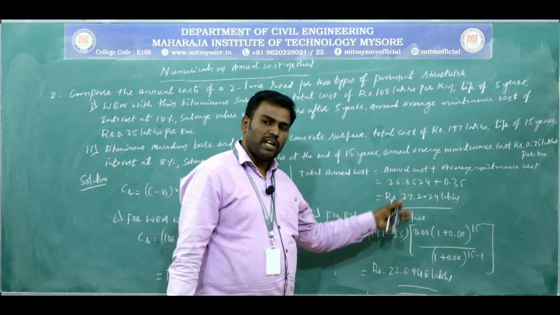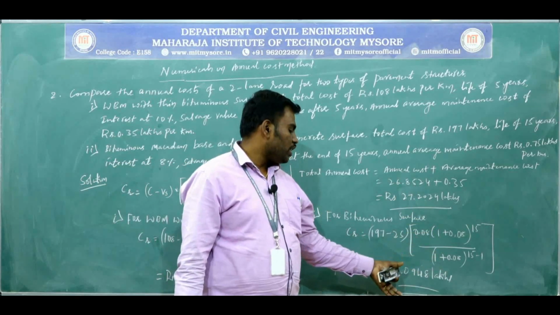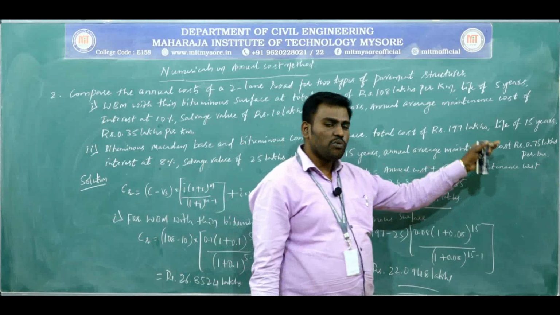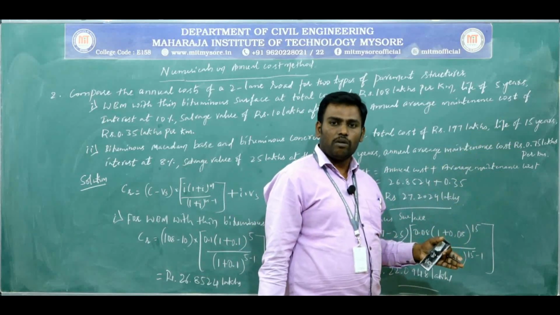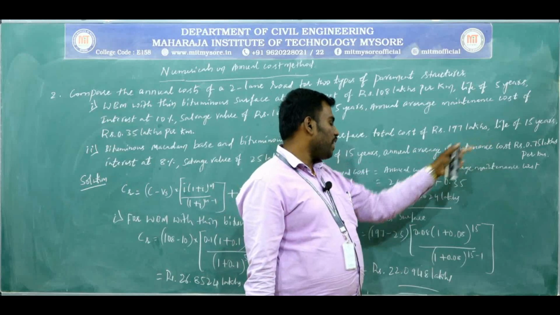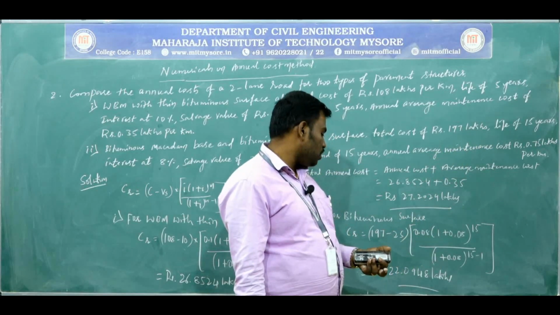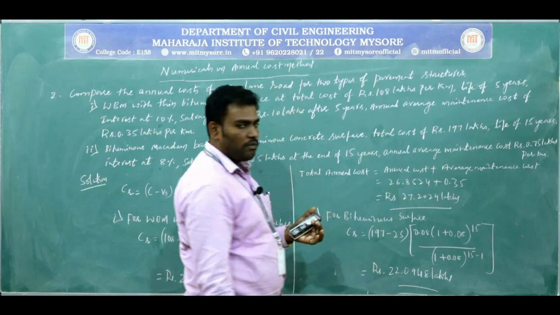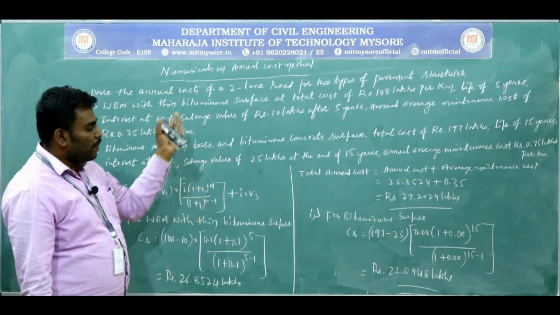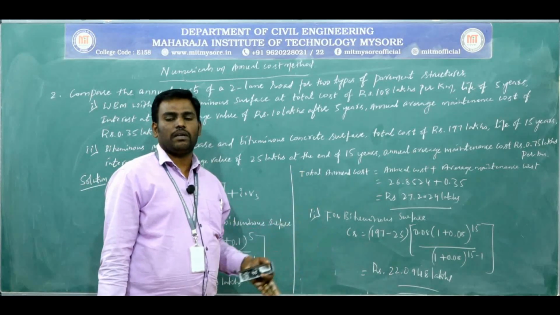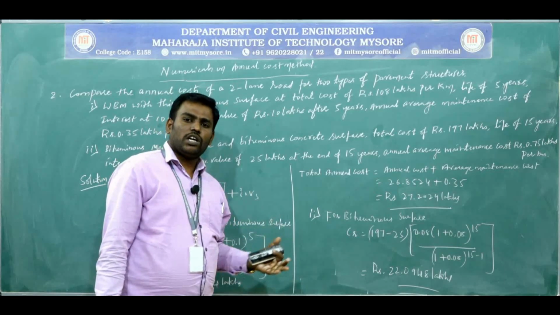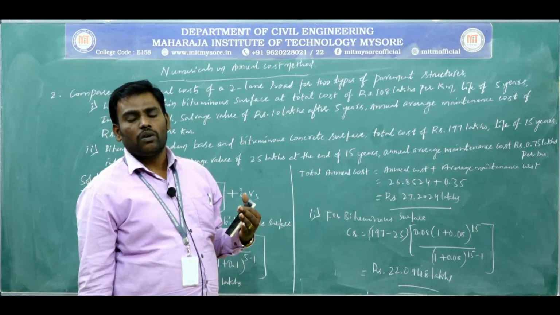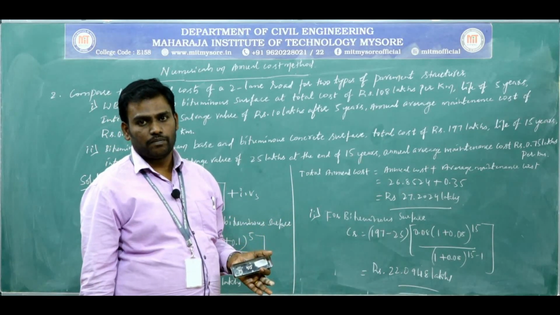That is the annual cost plus average maintenance cost, so 22.0948 plus 0.75 lakhs. 0.75 lakhs is the average annual cost per kilometer, so you add that 0.75 lakhs to 22.0948, and you get the total annual cost for the bituminous surface. Then compare the total annual cost of WBM with bituminous surface. Whichever pavement surface gives the least annual cost, that will be more beneficial.